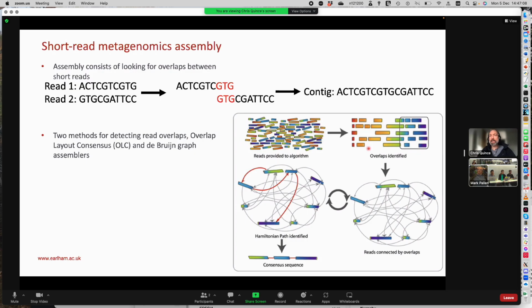So in overlap layout consensus, it's sort of how you would assemble something if you were a human being. Well, sorry, you are a human being, but it's the most intuitive way of doing things. You look for overlaps between your reads, and that forms a graph, and then you just try to find longer paths through that graph, visiting each of those overlapping regions.